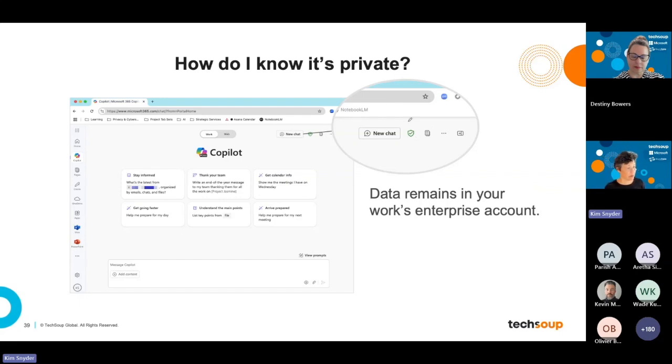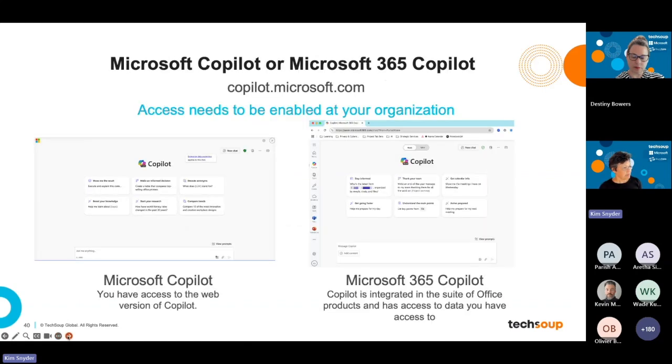See, there's a close-up on this little guy. Sometimes it changes slightly because it's all filled in green right now, I think, but you'll see a little shield. All right. So access does need to be enabled at your organization, but I think that's pretty easy to do.